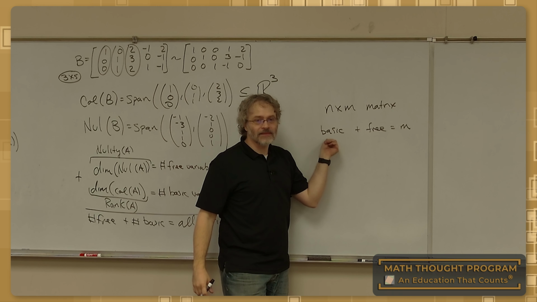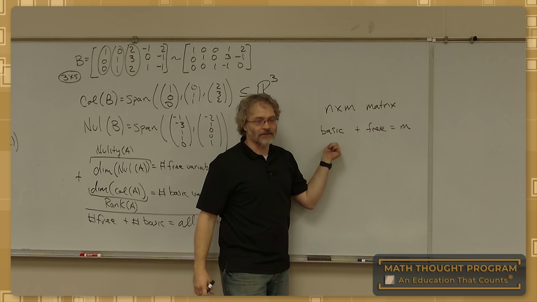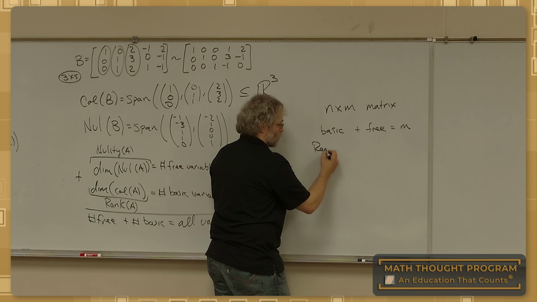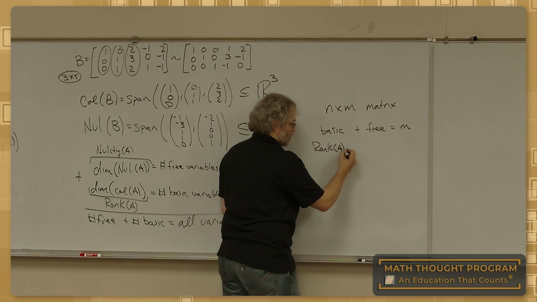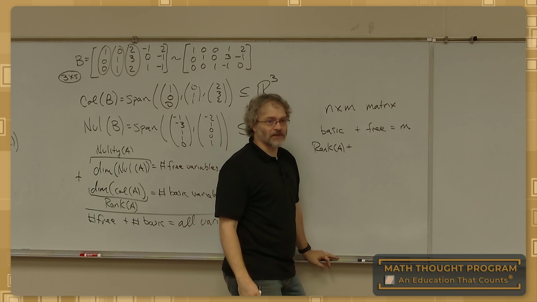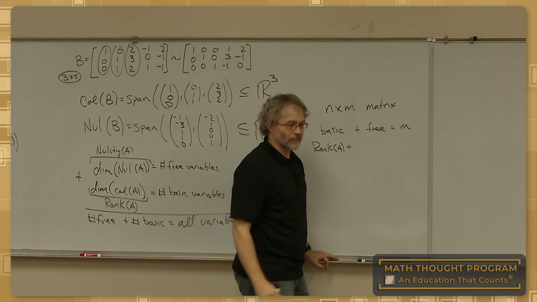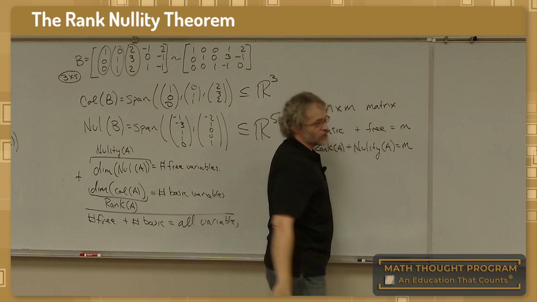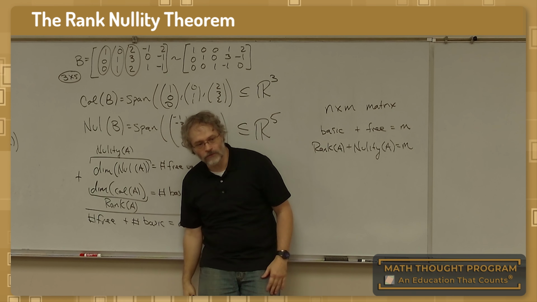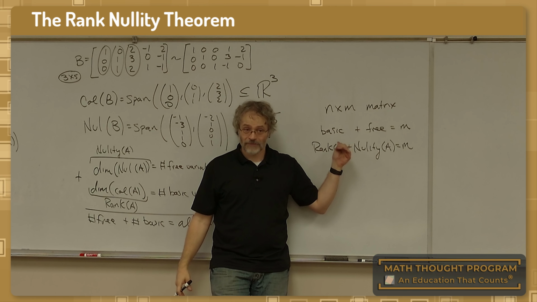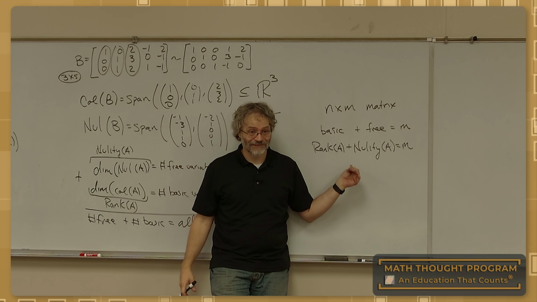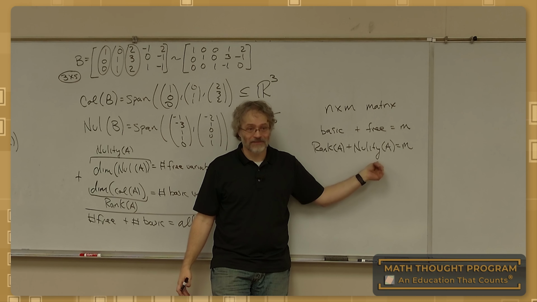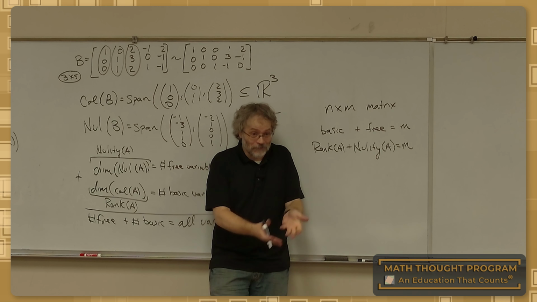But what did the basic variables represent? What would that correspond to? The rank of the matrix. What did the free variables correspond to? Nullity of the matrix. And what you get is an amazing result known as the, not the hippopotamus theorem, it's called the rank nullity theorem, because it talks about rank and nullity.